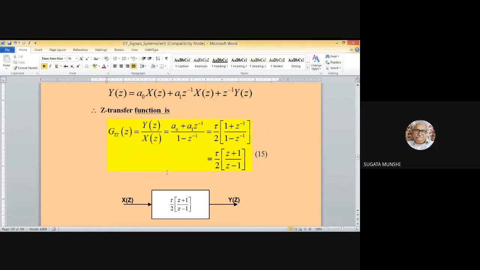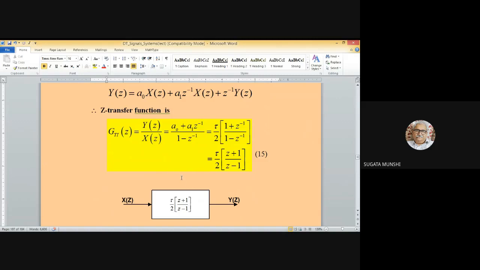Recall that right at the beginning, when I considered the exact expression between S and Z, S was 1 by tau times natural logarithm of Z. So natural logarithm of Z was expanded into an infinite series and it was truncated after the first term. So that resulted in the same bilinear transformation relation. There I pointed out that I didn't cite any logic behind truncating the series after the first term.